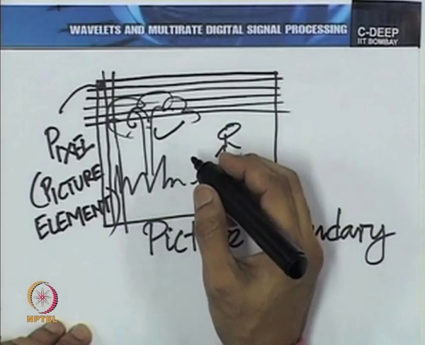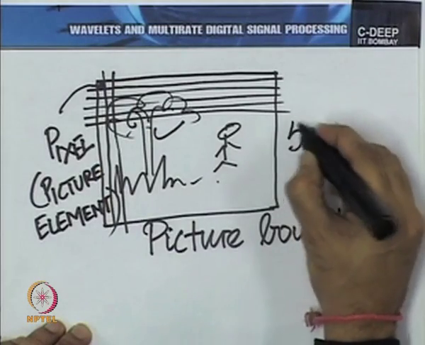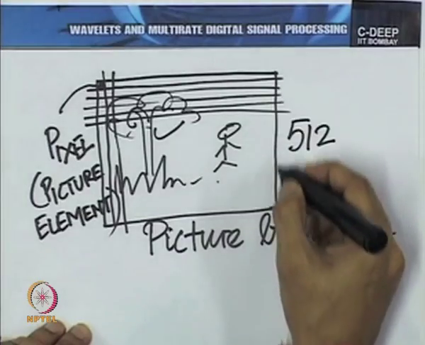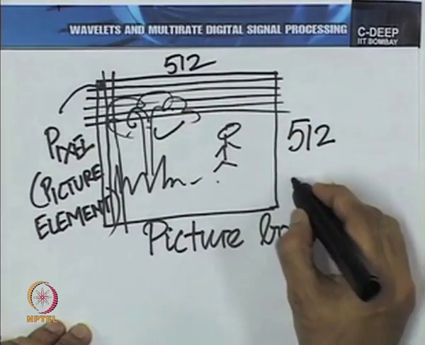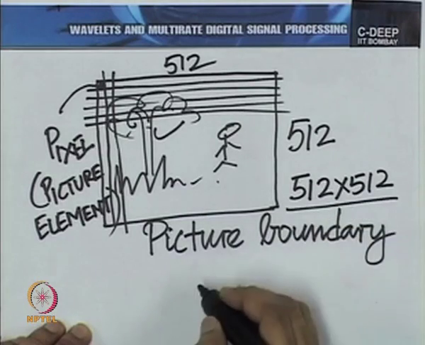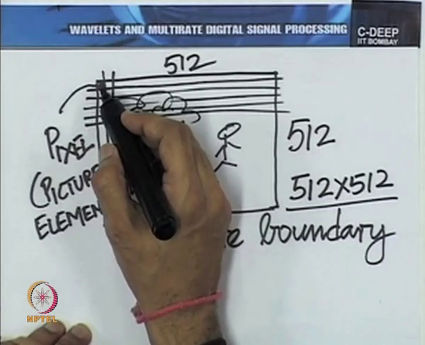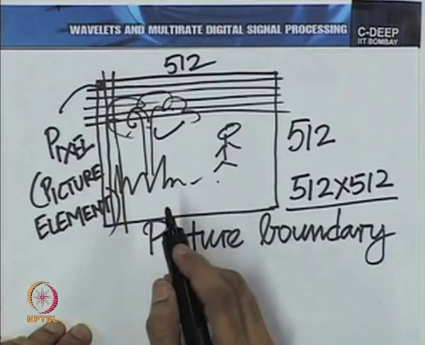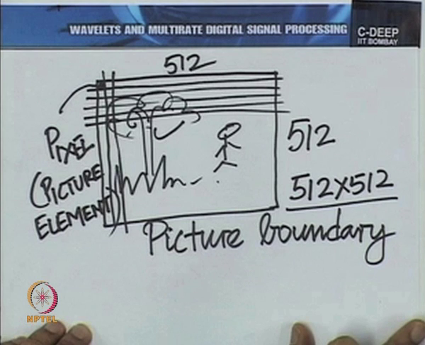And there are, for example, suppose I make 512 divisions on the vertical and 512 divisions on the horizontal, I say that I have a 512 cross 512 image, that many pixels, and in each pixel region I represent the image by a constant.